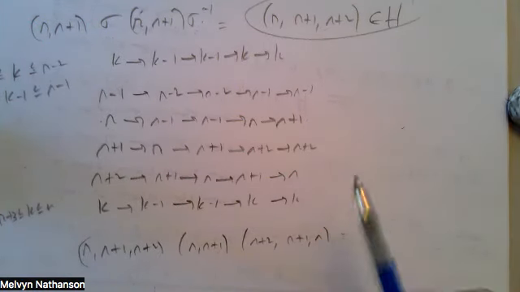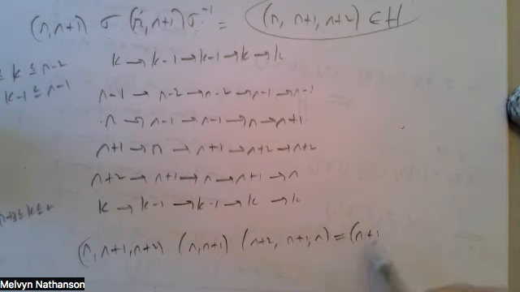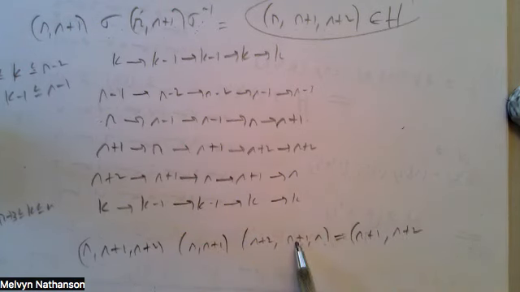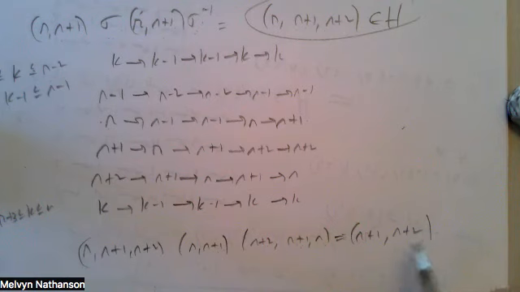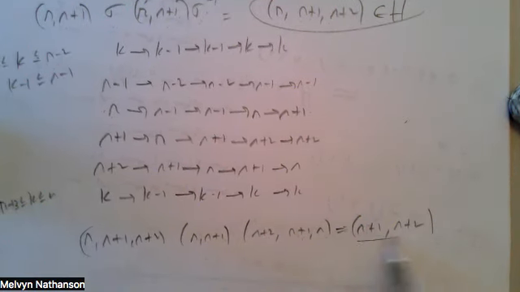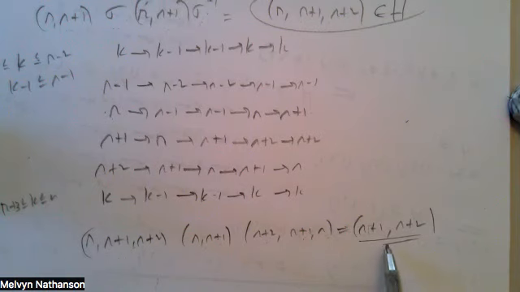But R plus 1 gets sent to R, gets sent to R plus 1, R plus 1 gets sent to R plus 2. R plus 2 goes to R plus 1, goes to R plus 1. We get this transposition. So R plus 1, R plus 2 is in our group H.